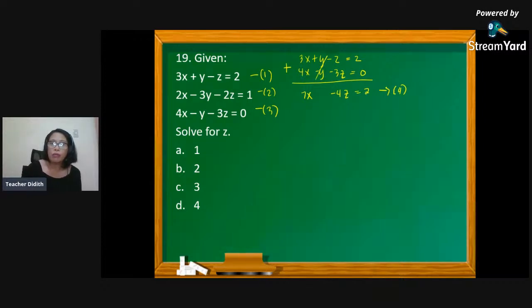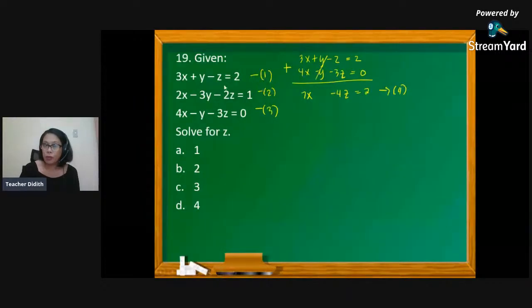Maybe we can use equation 1 and 2. And we want to eliminate y since in the first elimination we eliminated y. So if we're going to use equation 1 and equation 2, we will rename equation 1 so that we'll have the same or additive inverse of the coefficients of y. So maybe we will multiply this by 3.